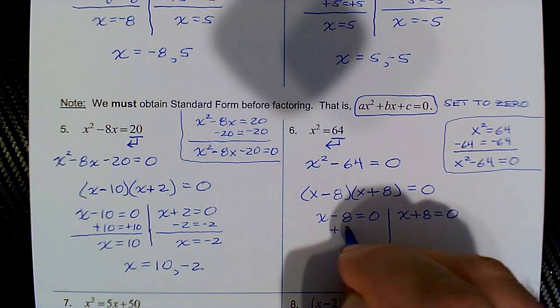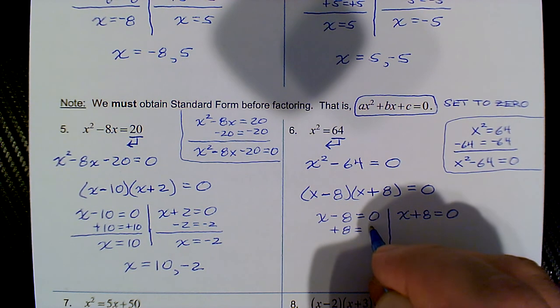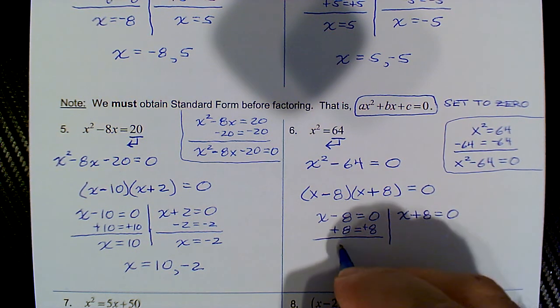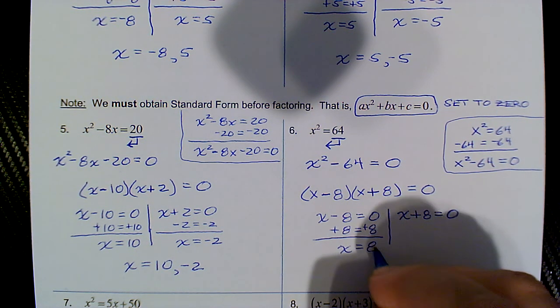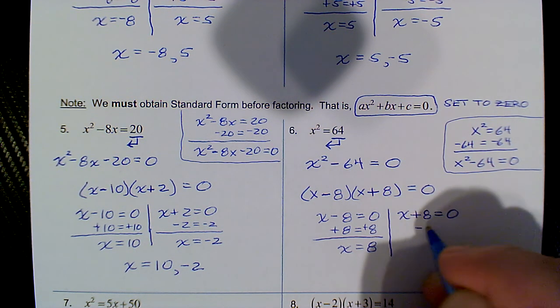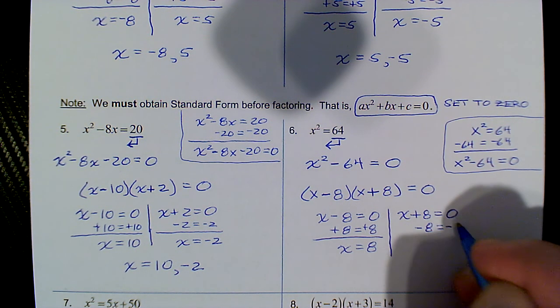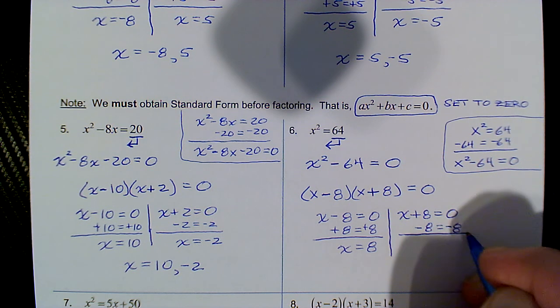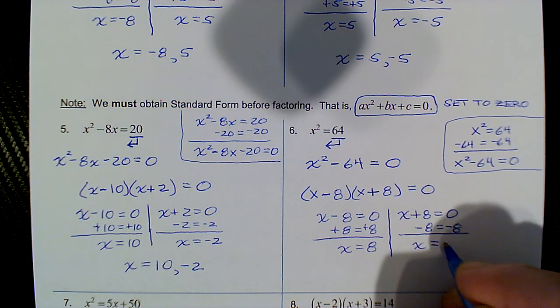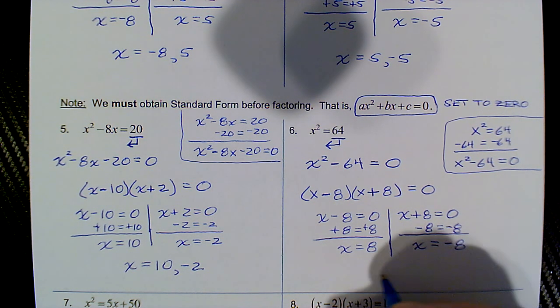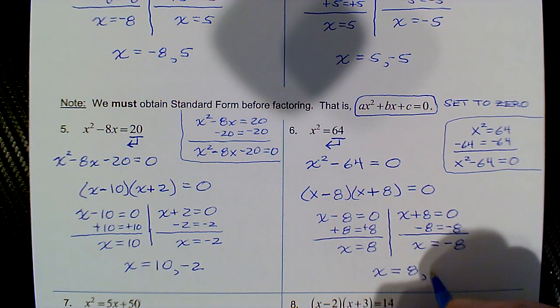And then we solve for x. In this case, we're adding 8 to both sides. So x is positive 8. And in this case, we're subtracting 8 from both sides. So x is negative 8. So again, summarizing the solution, x equals 8 and negative 8.